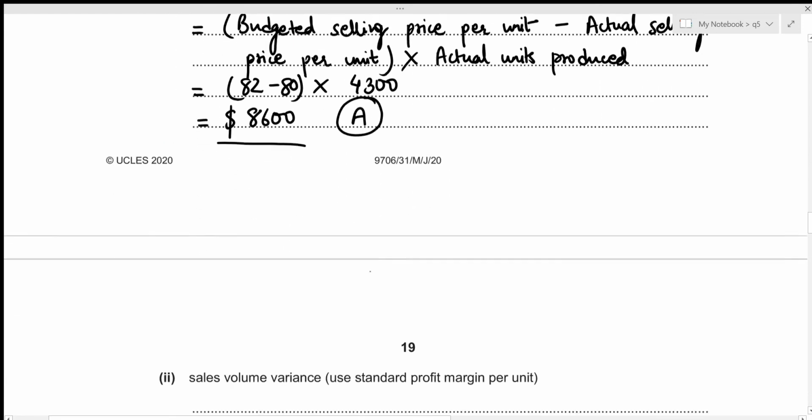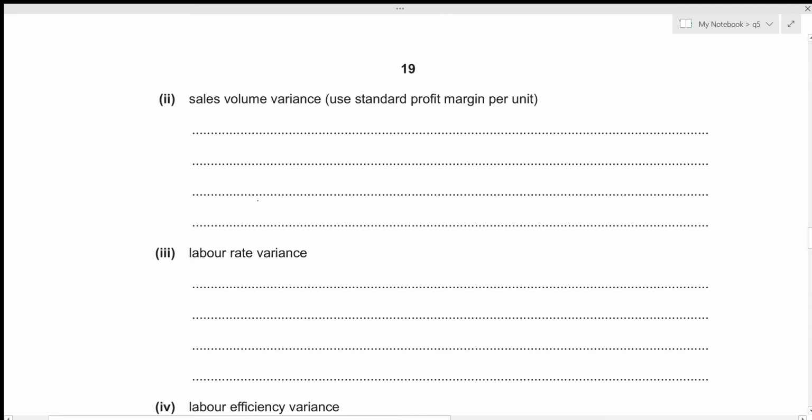Okay, now we can move to the second one. We need to figure out the sales volume variance, and we will be using the standard profit margin per unit. So for this case, we know that the actual sales volume was 4,300 units, whereas the budgeted sales unit was 4,000. So clearly actual is higher than the budgeted in this case.